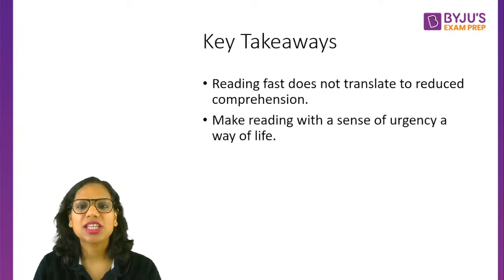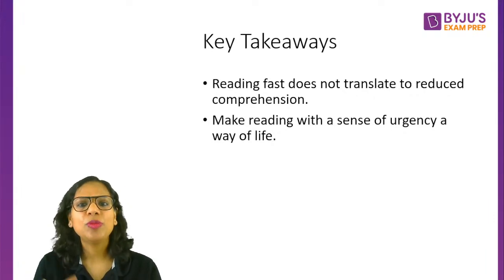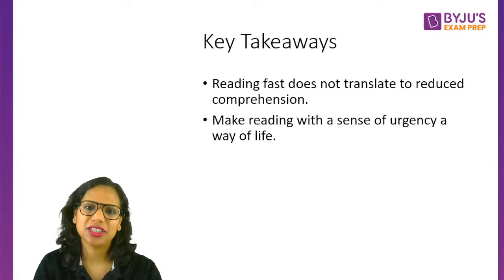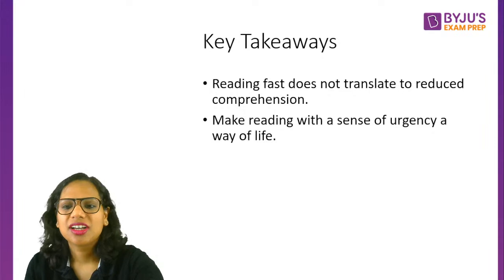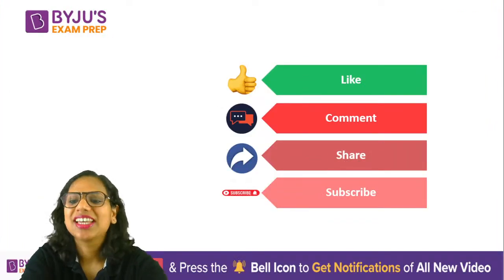Make reading with a sense of urgency a way of life. Whenever you read something, read it with a relative sense of urgency. Try to be efficient in whatever you do, particularly in your reading, and this will automatically come in. I hope you will implement what we have learned today, and I hope you liked the session.